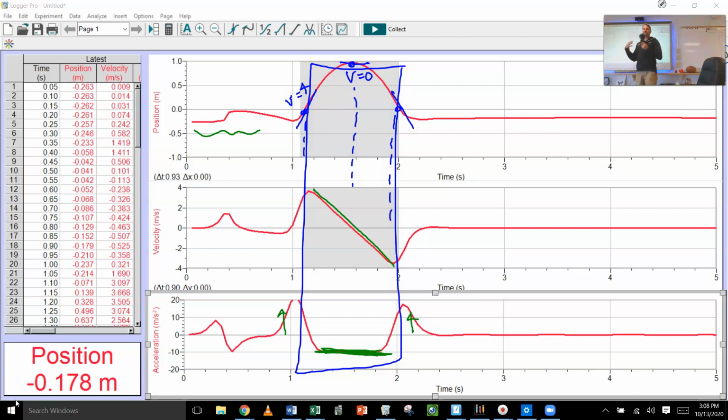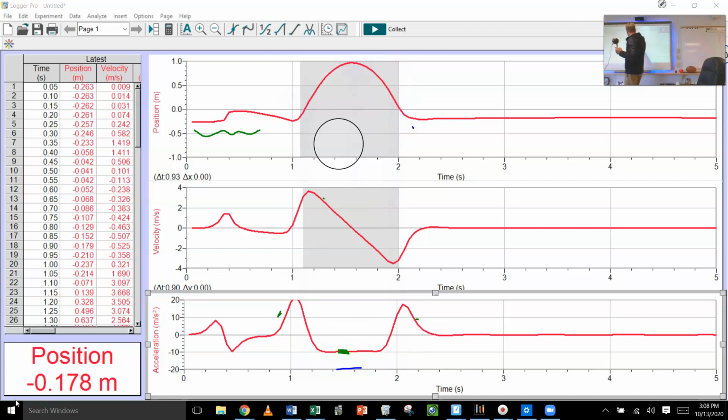As we move forward, I wanted you guys to see this, and I wanted the data to pop up for you so you could see it in your own eyes: when you throw something up in the air, it follows that parabolic path. At the very top, it stops, and that's why my velocity is 0. Something else that's interesting is even though it stops at the very top, my acceleration is still negative 9.8.